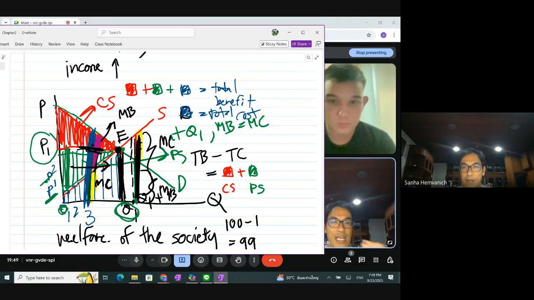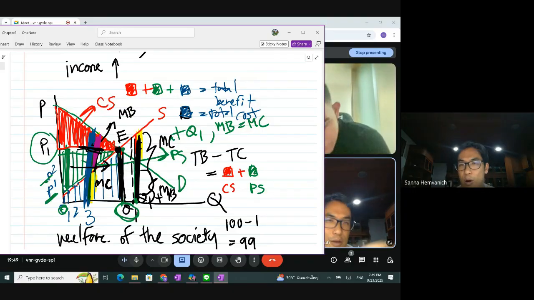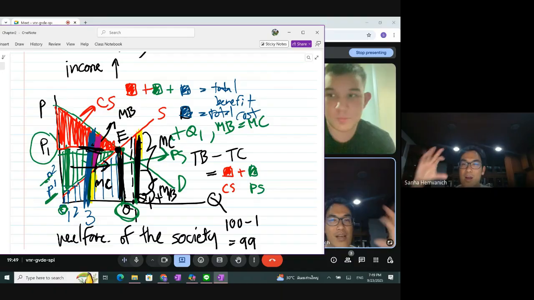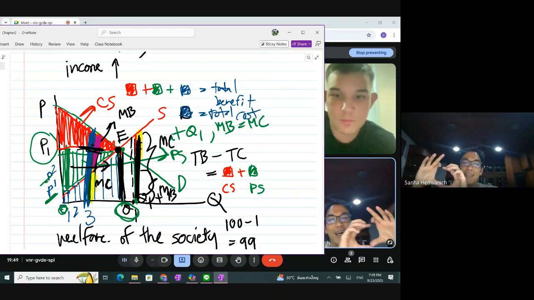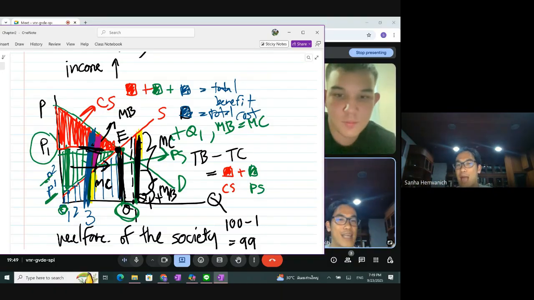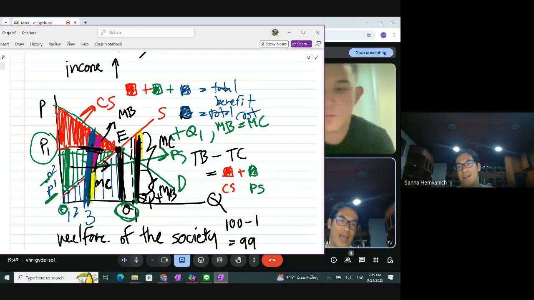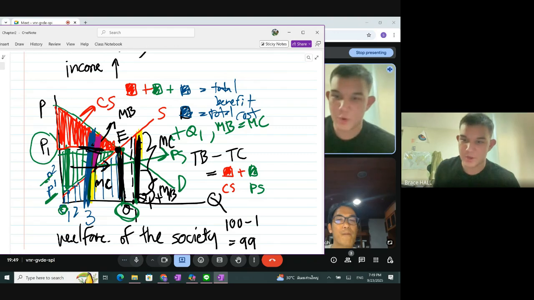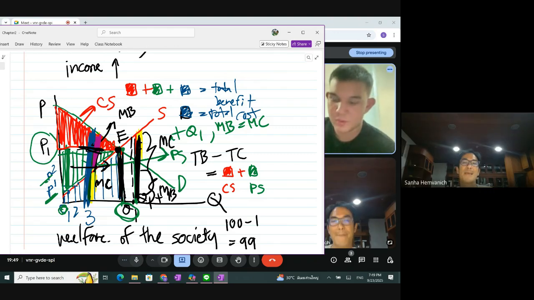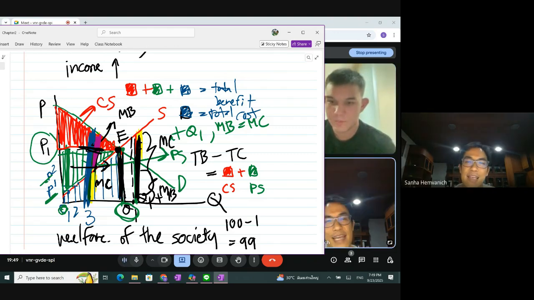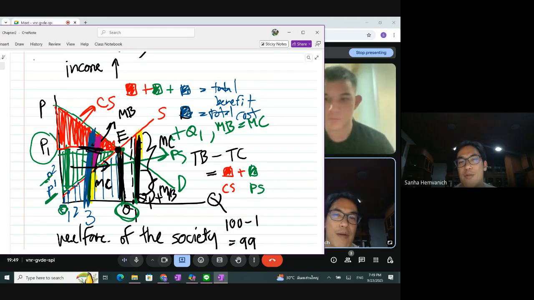Because if we produce one more unit, the cost is higher than the benefit. So basically you have a negative benefit. And if you add that to the total, you actually reduce the total. If you're the government and you see it's not worth it, you stop. Let's say that at the equilibrium you got 100.